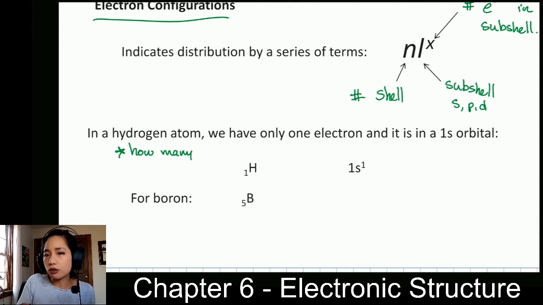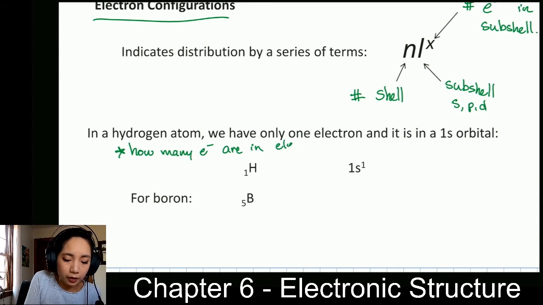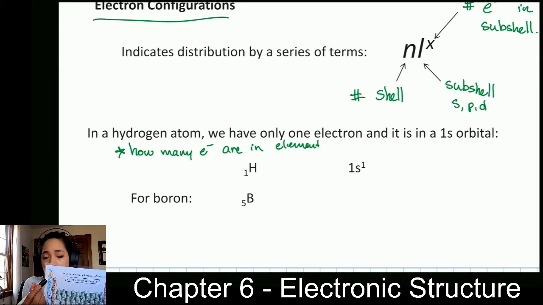If I ask you, what's the electron configuration for boron? Ask yourself, how many electrons are in that element? If we look at hydrogen, because of its placement on the periodic table, if we have a neutral hydrogen atom, there's 1 proton, so that means there also has to be 1 electron. So we just need to place 1 electron.